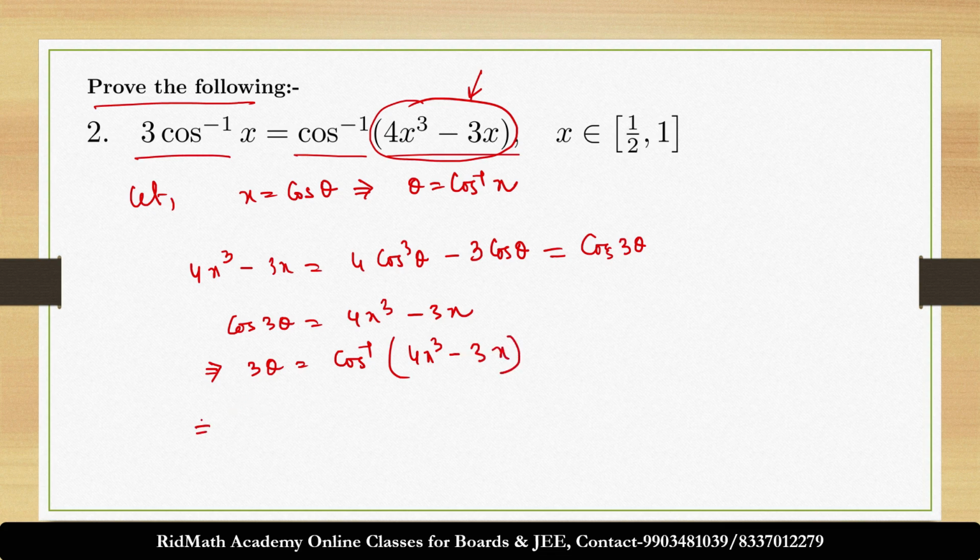And what is theta? Theta is cos inverse x. So 3 cos inverse x equal to cos inverse 4x cube minus 3x. And this is proved.